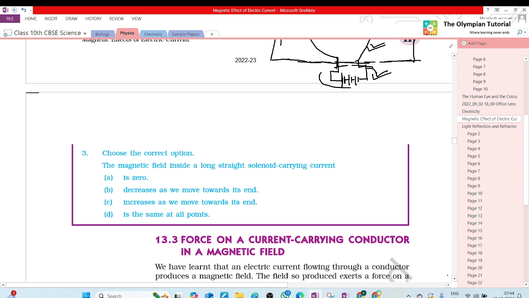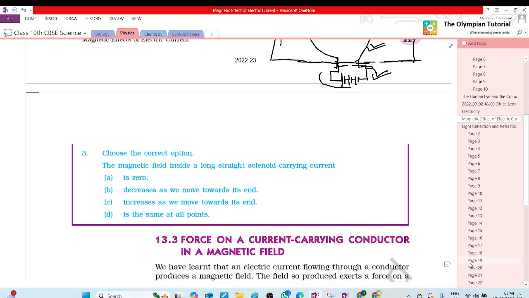Choose the correct option. The magnetic field inside a long straight solenoid carrying current: A, is zero; B, decreases as we move towards its end; C, increases as we move towards its end; D, is the same at all points.